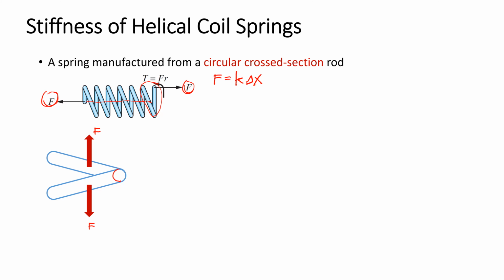And the cross section of the coil in this case is a circular cross section. Many times we may see the spring coil has a rectangular cross section, but in this case, the cross section is circular.